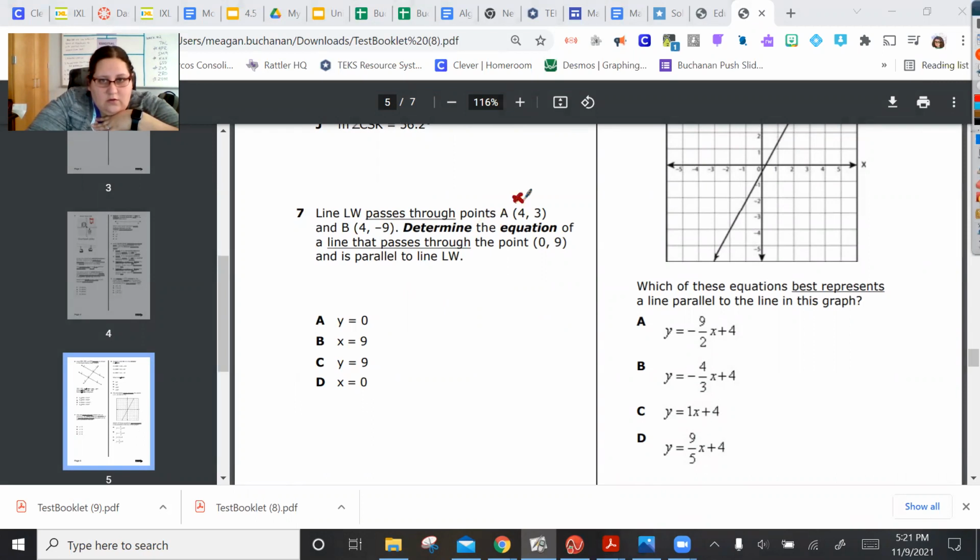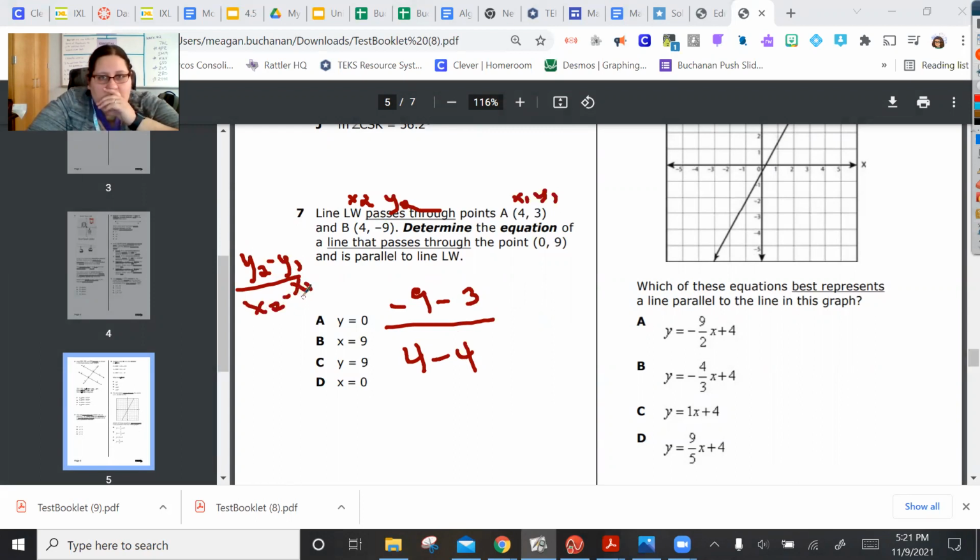So x1, y1, x2, y2. Ooh, that was a really weird 2, but -9 minus 3 over 4 minus 4. Keep in mind the reason this is because it's y2 minus y1 over x2 minus x1. Well, this is undefined.